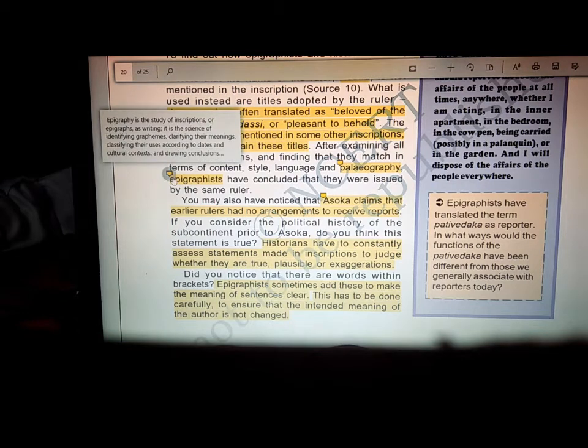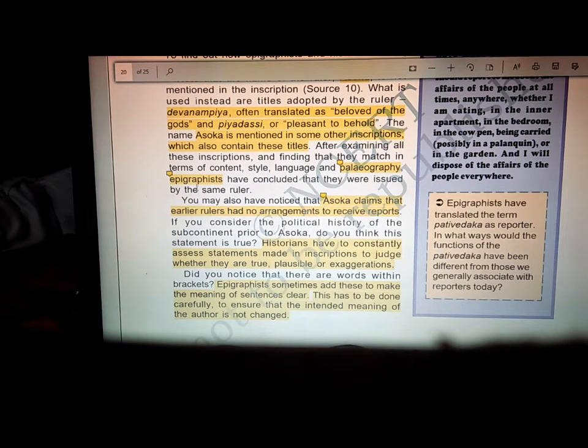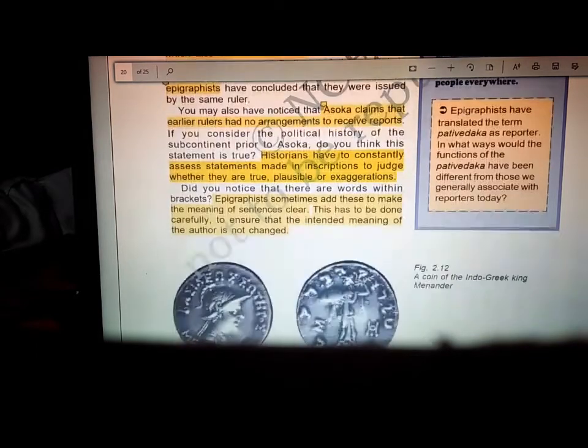Now, epigraphy is the study of inscriptions or epigraphs as writing. It is the science of identifying graphemes, clarifying their meanings, classifying their uses according to dates, culture, context, and drawing conclusions about the writing and the writers. So you can see that the epigraphists relate that the ancient writing was discussing the rulers.